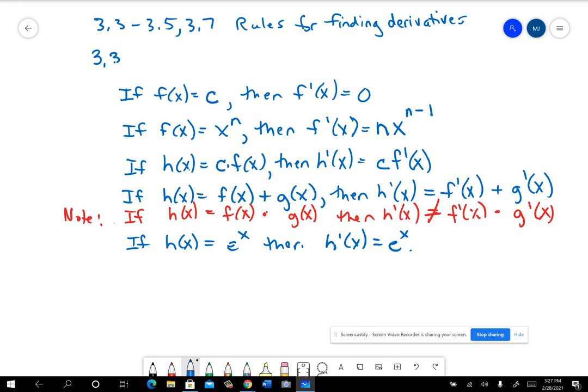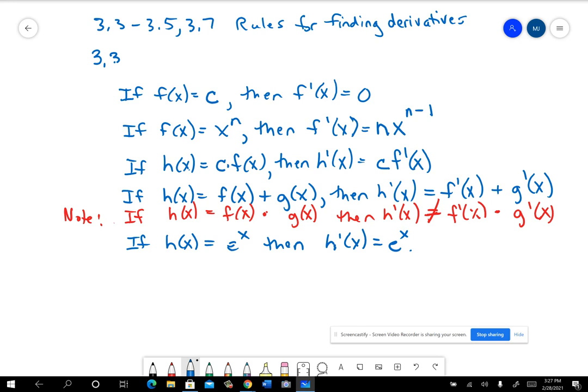It's a very unusual situation. That's why having exponential functions written in terms of that base e is really good. And remember, e is just a number, that's a little less than 3. Most exponential functions don't turn out to be exactly equal to their derivatives. But the derivative of e to the x is e to the x, okay?